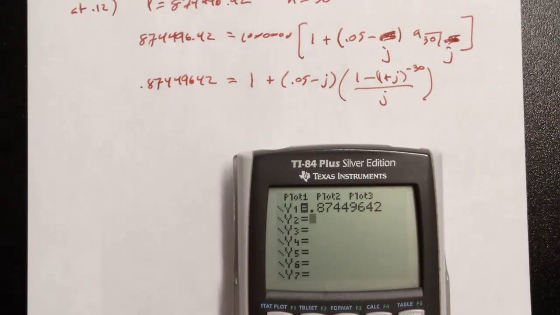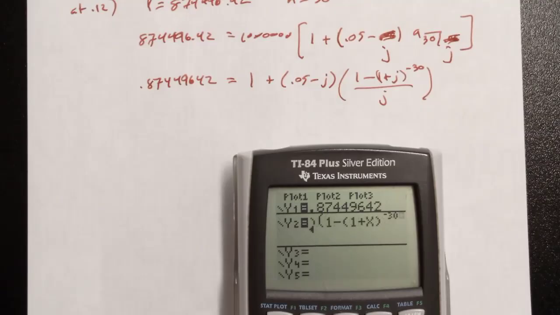And then I'm going to graph all of that: 1 plus, parentheses, 0.05 minus x, times 1 minus, parenthesis, 1 plus x raised to the negative 30th, close those parentheses, divide by x, close those parentheses, right? Do I have the right number of parentheses? Oh, I have one too many sets of parentheses. Let's delete that one. Okay, good.